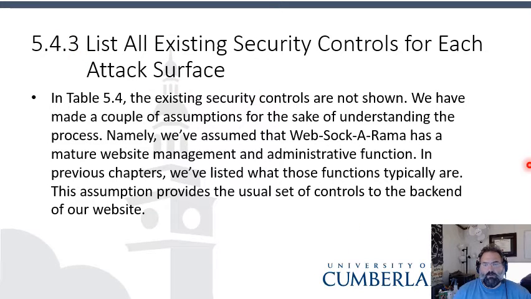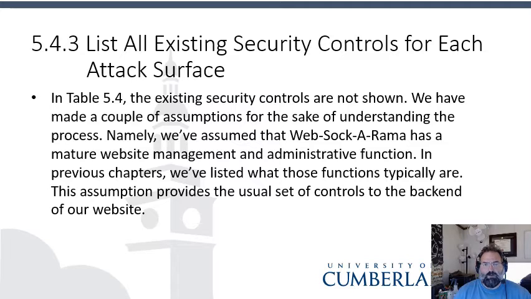You want to start listing out all of the existing security controls for each attack surface. So what has already been implemented to try to address the various vulnerabilities, because it's already been addressed. If it's done so in a sufficient way, there's no reason for you to readdress it again, right? So focus your energies on those things which need to be addressed, not which have already been addressed.